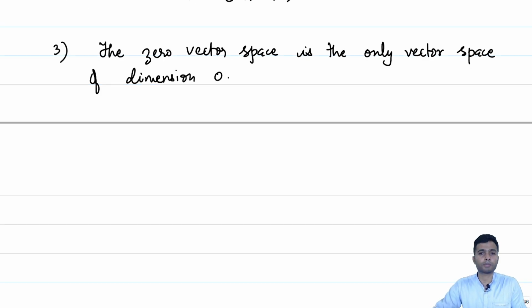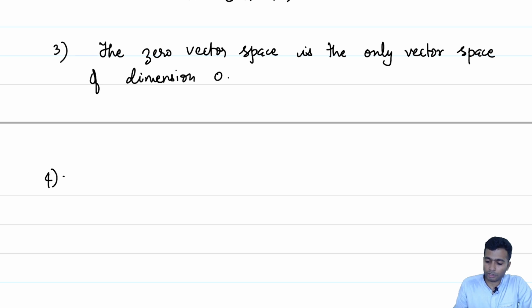By convention, span of the empty set is 0 and the empty set is linearly independent. It is all consistent with the conventions. That is a basis of the 0 vector space, that is the only basis here. And that is the only vector space which will have dimension 0. You should think about why that is the case.